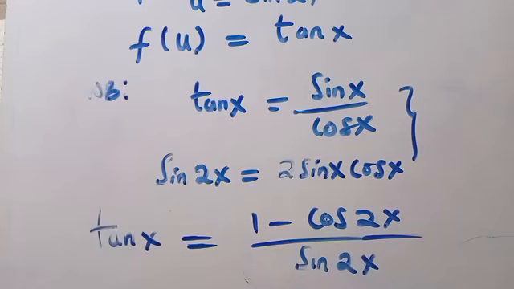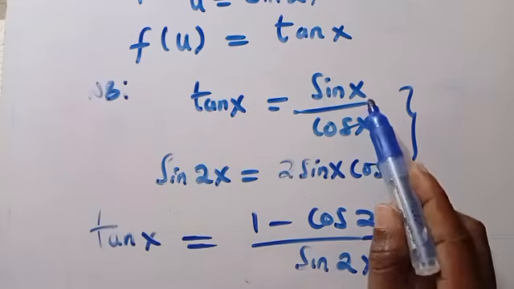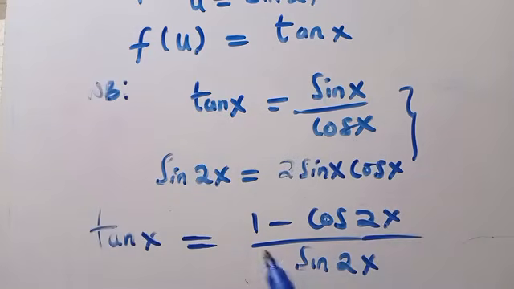How does this relate together? Tan x equals 1 minus cos 2x divided by sine 2x. Initially we said tan x equals sine x divided by cos x. Now it has become 1 minus cos 2x divided by sine 2x. Let's try and verify this.